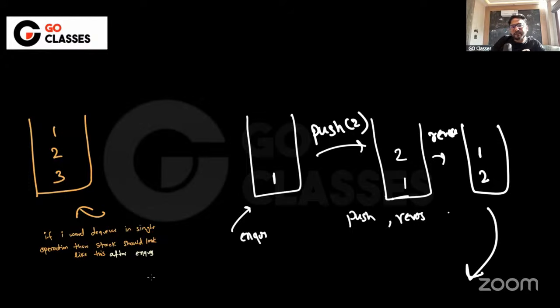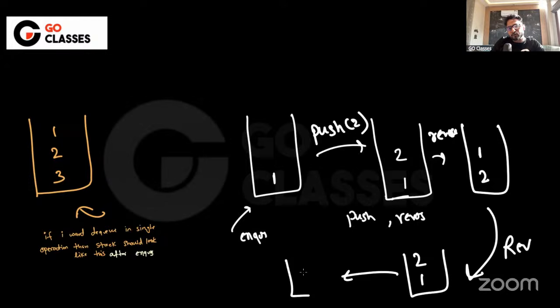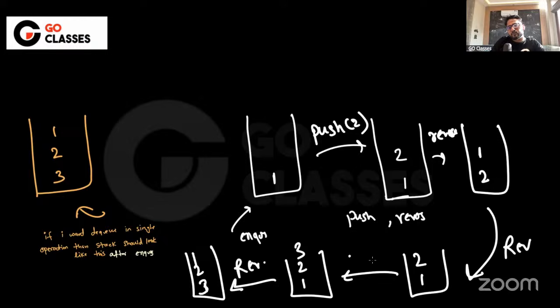So if you have to do NQ again, you first reverse, which makes it 1, 2, push 3, which makes it 1, 2, 3, then reverse again, which makes it 3, 2, 1. Push and reverse. So for every NQ, see, these were the two elements, so it was not particularly visible, but for every NQ, we first have to reverse, then push, then reverse, right?